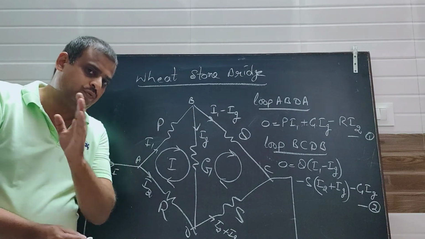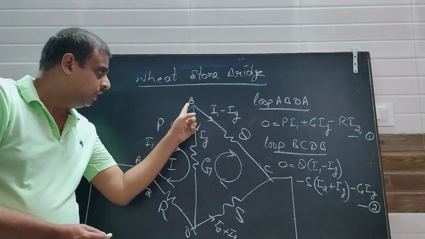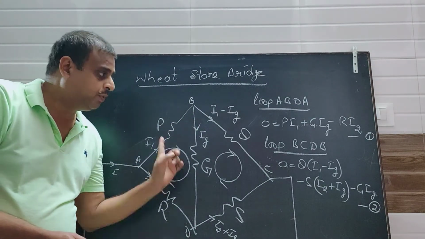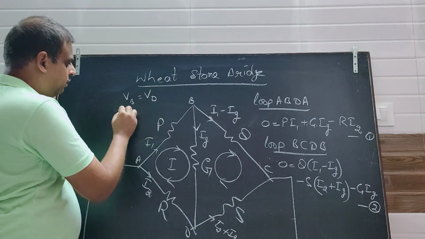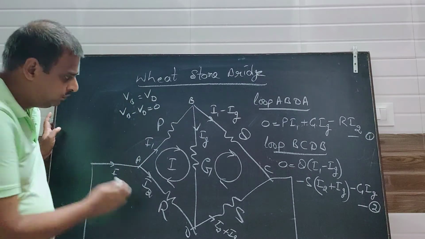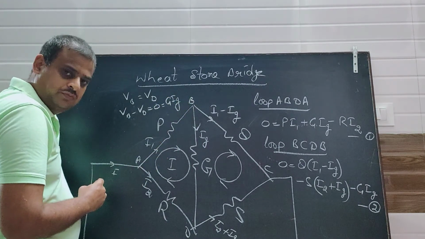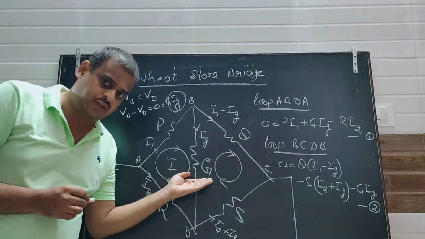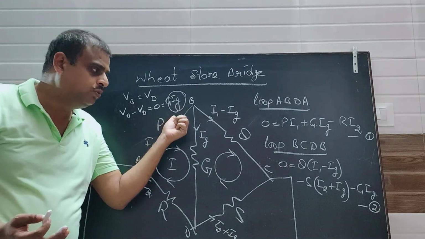A balanced Wheatstone bridge is that bridge in which the potential at B is equal to the potential at D. So VB minus VD is equal to 0. It means G Ig is equal to 0, so the Ig current will be 0. Galvanometer resistance cannot be 0, it has a certain value, so Ig will be equal to 0.